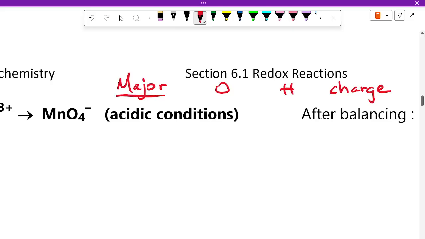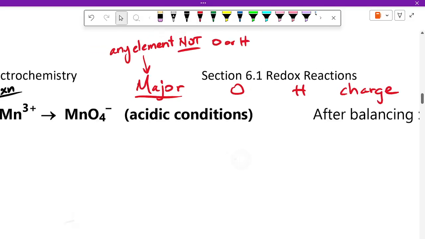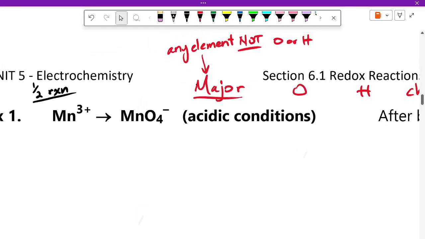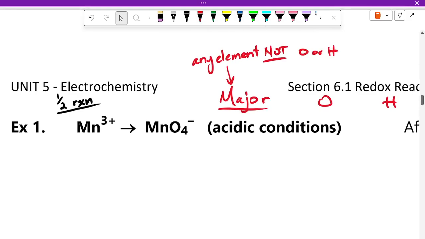And major just means any element which is not O or H. So who is the element that is not O or H? Manganese. Does manganese need balancing?